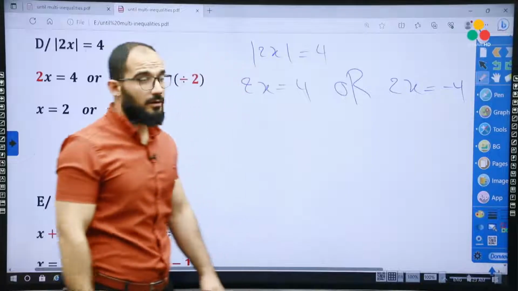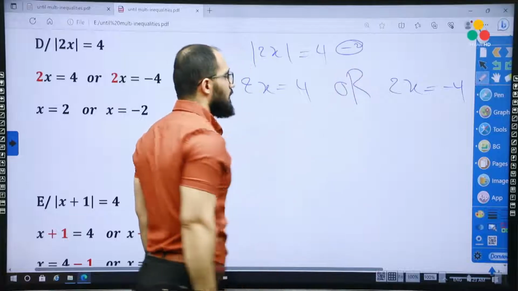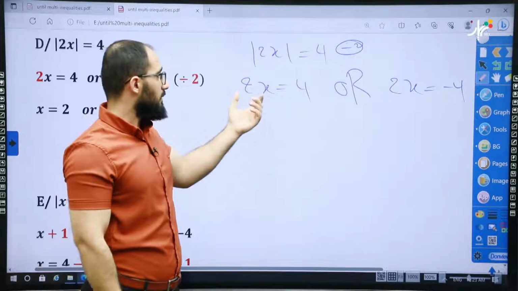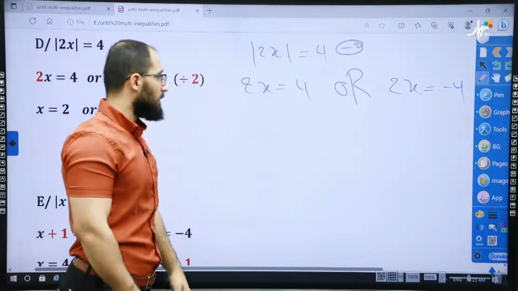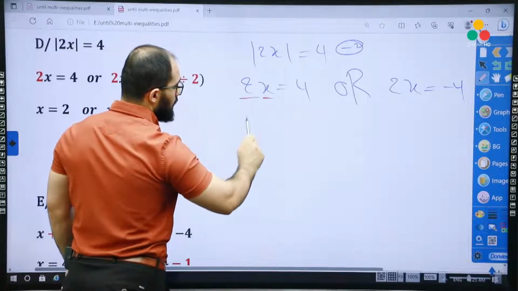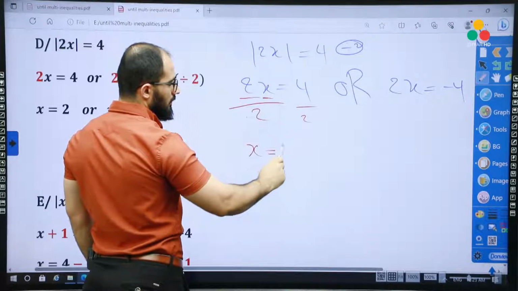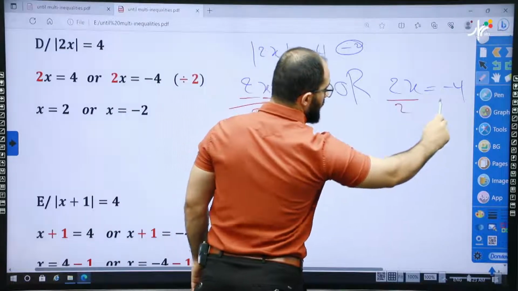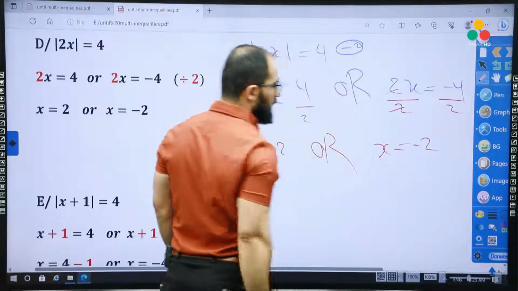Maybe some of you think about dividing the equation in the first step by 2, but actually it's not a good idea because it doesn't apply to all the examples, so it's better to separate them into the positive part and the negative part, then solve them separately. So for the first part, because with the variable x we have 2, we divide by 2 on both sides, and x is equal to 2. For the other part, again dividing by 2 on both sides, x is equal to negative 2.